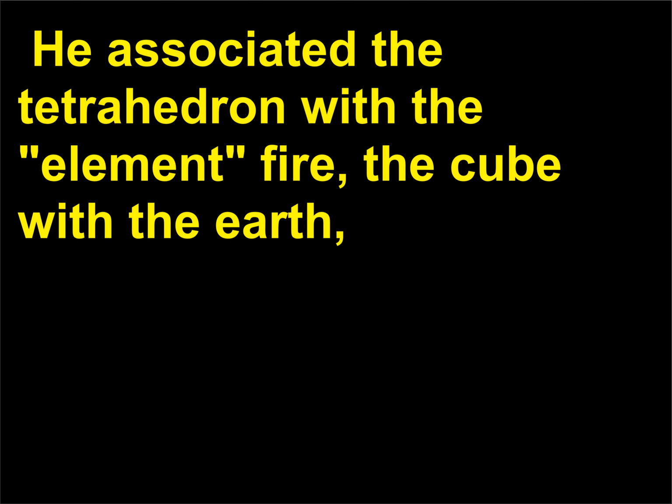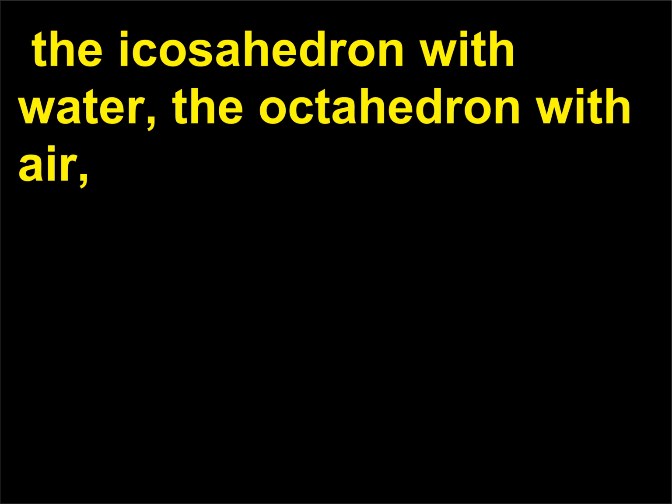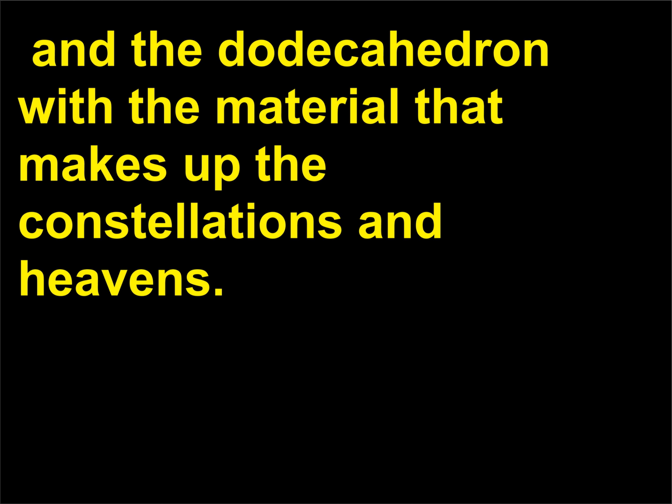He associated the tetrahedron with the element fire, the cube with the earth, the icosahedron with water, the octahedron with air, and the dodecahedron with the material that makes up the constellations and heavens.